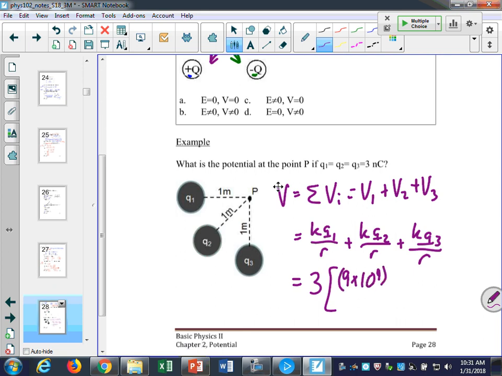Q is 3 nanocoulombs. Gosh, what is nano? I always forget this one. It's 10 to the -9. Divided by the distance, which is 1 meter, not squared or anything. These cancel, so it's 81 volts.